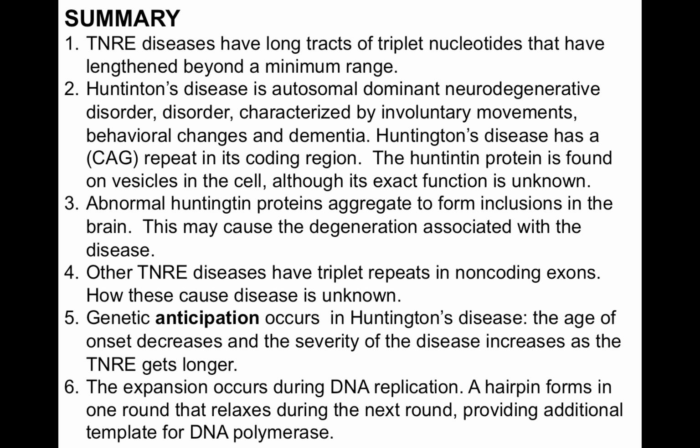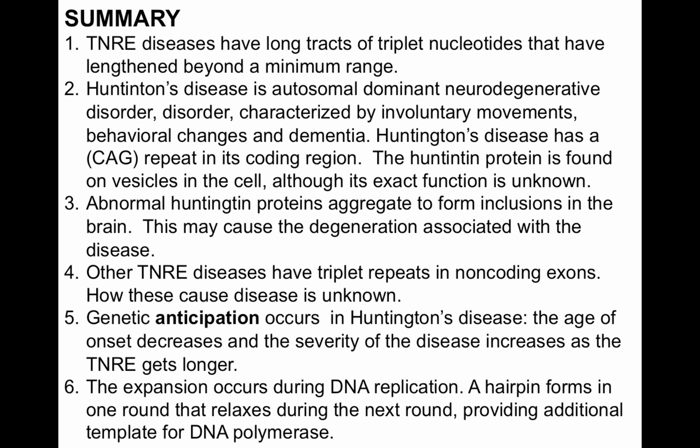Huntington's disease has a CAG repeat in its coding region, and the Huntington protein is found on vesicles in the cell, although its exact function is unknown. Abnormal Huntington protein aggregates to form inclusions in the brain. This may cause the degeneration associated with the disease. Other TNRE diseases have triplet repeats in non-coding regions. How these cause disease is not known.